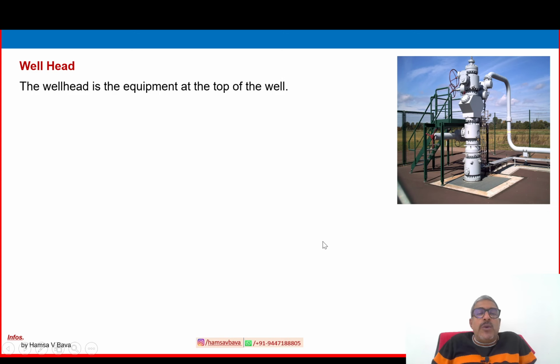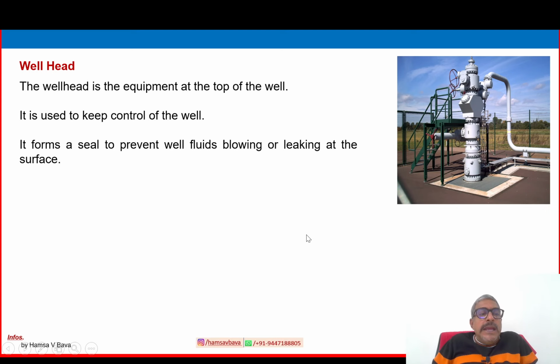Wellhead is the equipment at the top of the well, in the surface area. It is used to keep control of the well. It forms a seal to prevent the well fluids blowing or leaking at the surface, so prevention of leaking of hydrocarbon to the atmosphere.